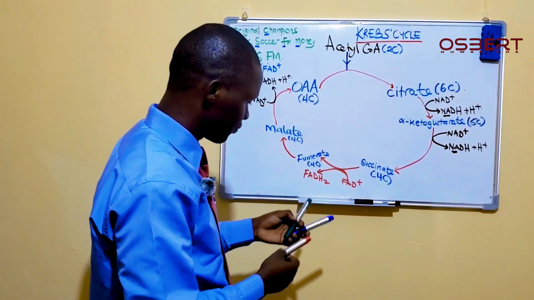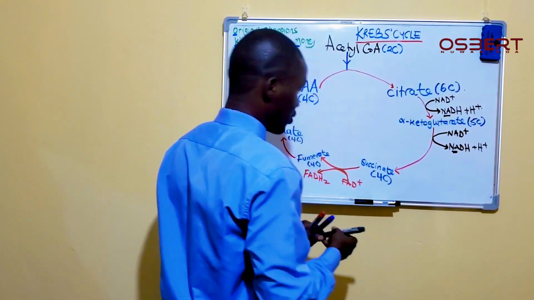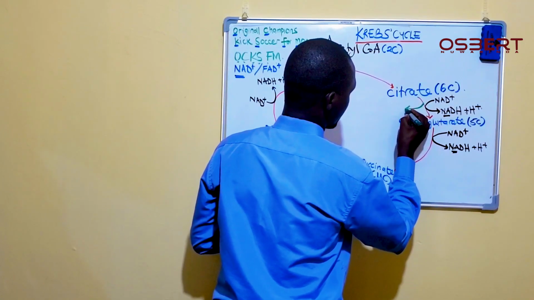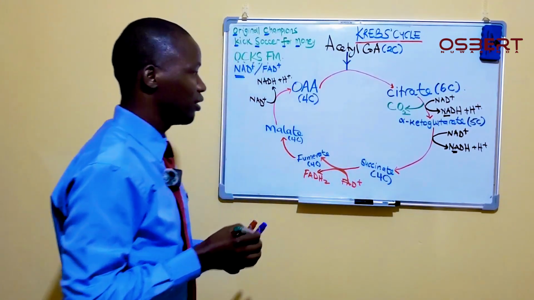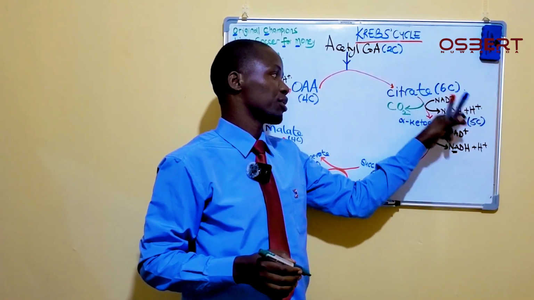So we shall have decarboxylation here, for carbon atoms to move from 6 to 5.